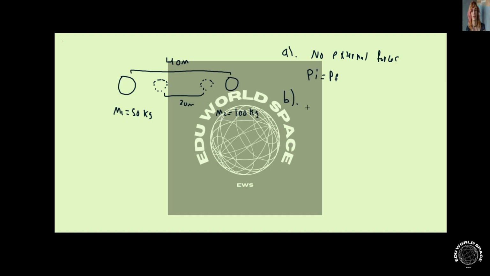So we'll do this with conservation of energy. We'll say that the initial energy must equal the final energy of this system. So we have an initial kinetic energy plus an initial potential energy, and then we have a final kinetic energy plus a final potential energy.